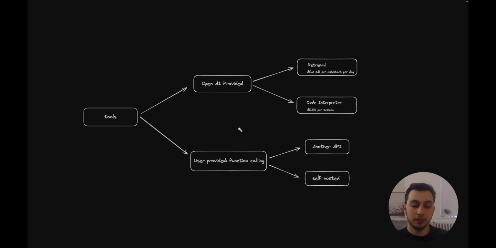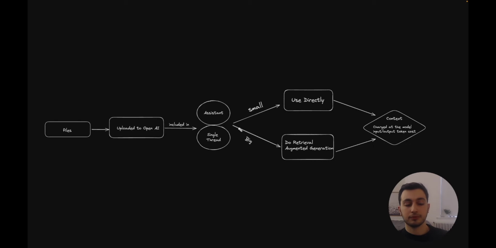Maybe it's a specific business calculator or something, and you can host that and tell the assistant how to use it. And this is something that you already can do. You cannot use the OpenAI provided tools in the normal GPT-4 API or GPT 3.5, but you can do the function calling. So in a way, the most useful part of the assistant API is something that you already have access to in GPT 3.5 and 4.